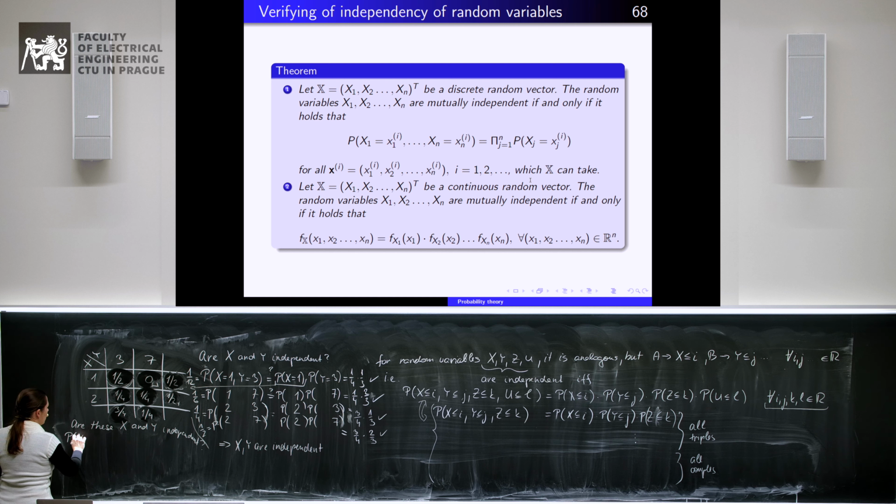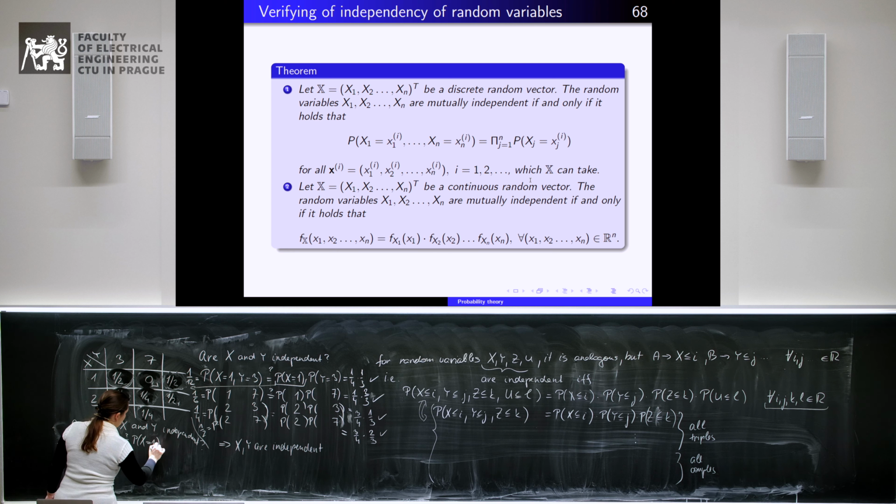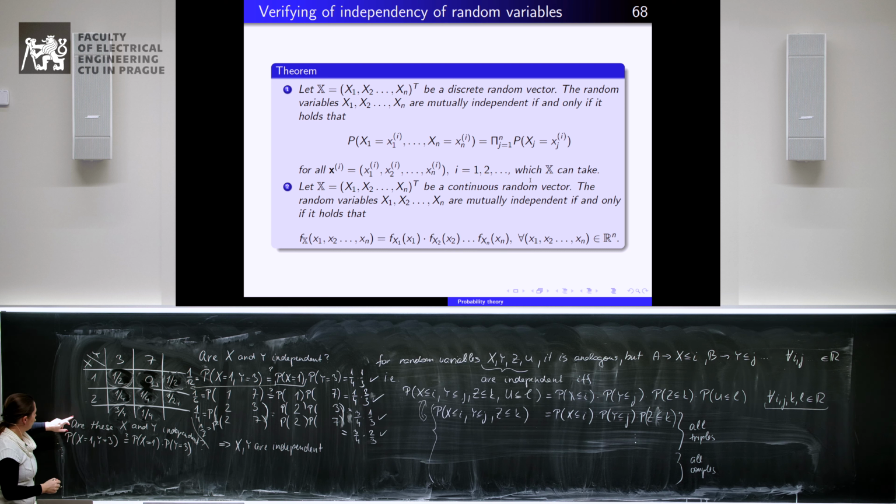Is the probability that x is equal to 1, y is equal to 3, equal to the product of marginal probabilities? The probability that x is equal to 1 and y is equal to 3 is 1/2.